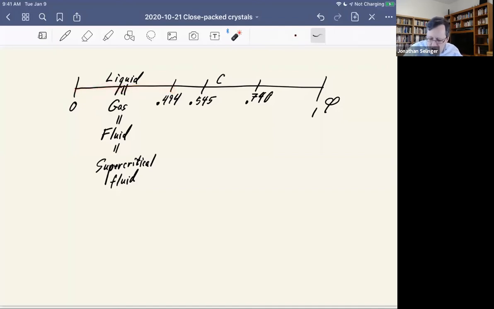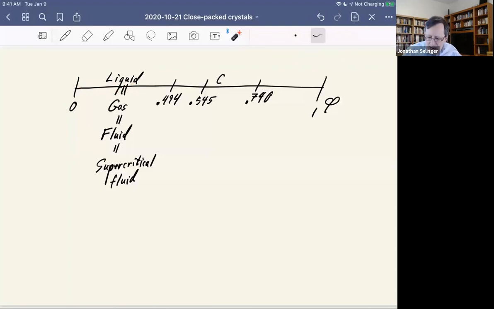It could occur at very low densities, way down here, where you would see something that looks very much like an ideal gas. At higher densities, as you go up here, it would be an interacting gas or a liquid, but there'd be a fair number of particles per volume.